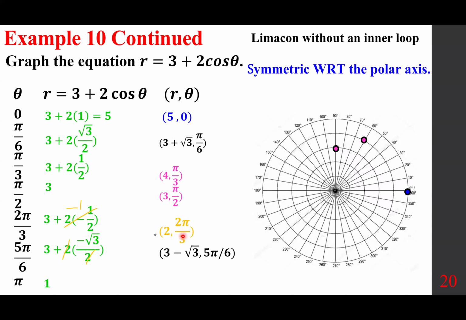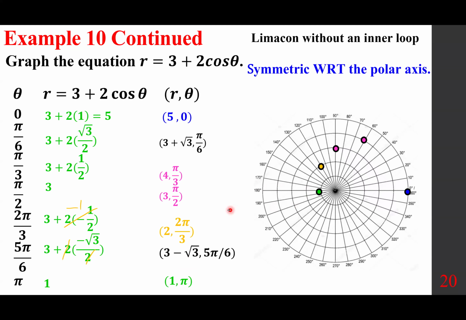And I'm going to go again with the easy one. So I'm going to locate 2 pi over 3, or 120 degrees, and 2 tick marks, so the second circle. And I'm going to go again with the easy one, pi or 180 degrees, and the first circle, the first tick mark, right?